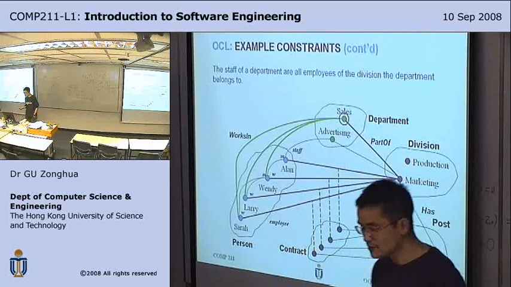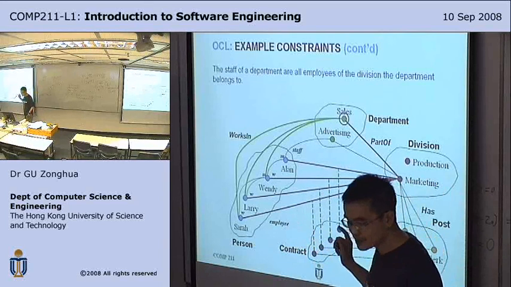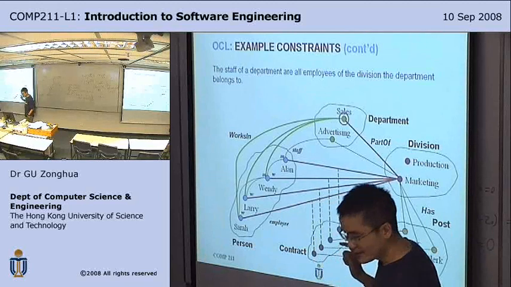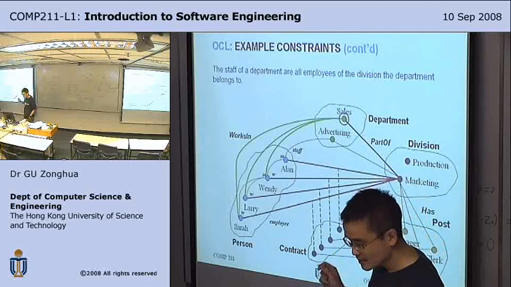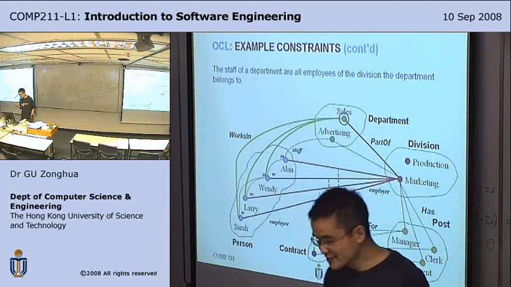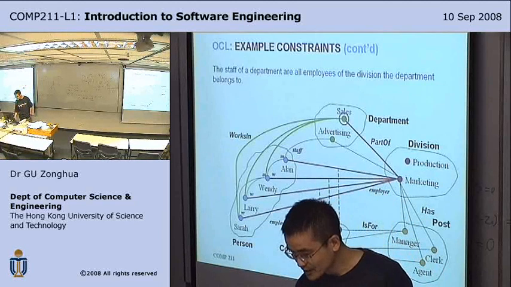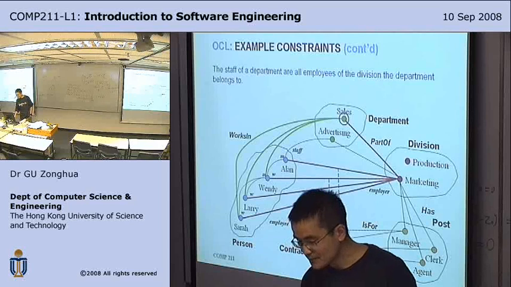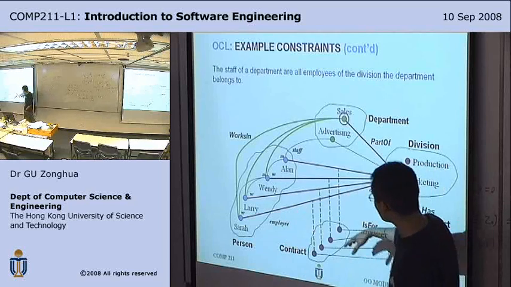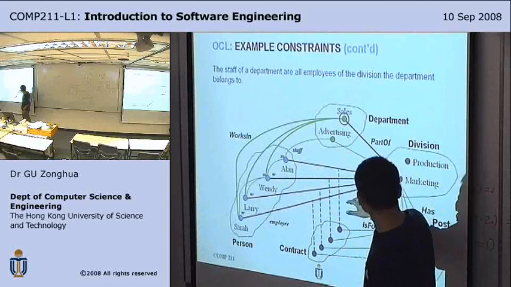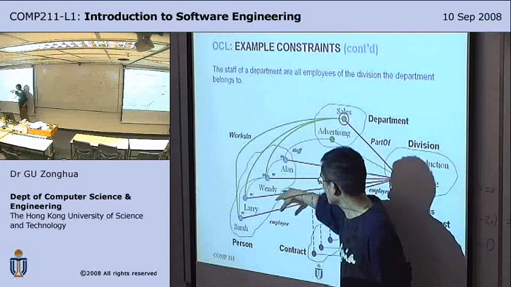And the other is from the department sales to all the staff members within the department by navigating the works for association. And then you say that this set pointed to by the green lines is a subset of the set pointed to by the red lines.